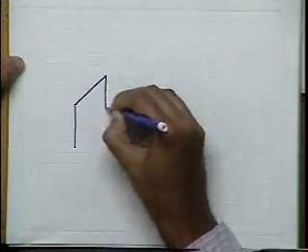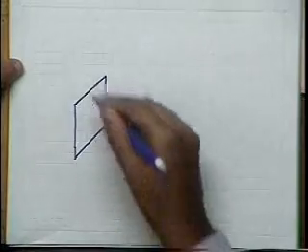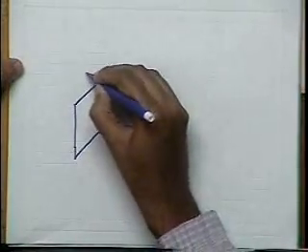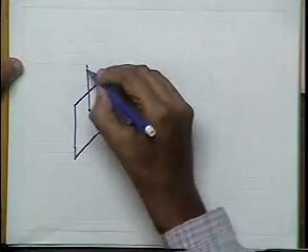Now we go back to our earlier imaging geometry arrangement which we had seen. So we had a camera plate like this, and we had the XYZ coordinate system something like this.